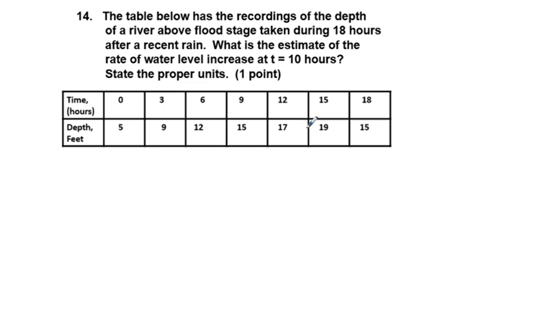14. The table below has the recordings of depth of river above flood stage taken during 18 hours after a recent rain. What is the estimate of the rate of water level increase at t equals 10 hours? So we're interested in this time frame here between hour 9 and hour 12, and for that we're going to use our average rate of change concept, which is f of b minus f of a over b minus a.